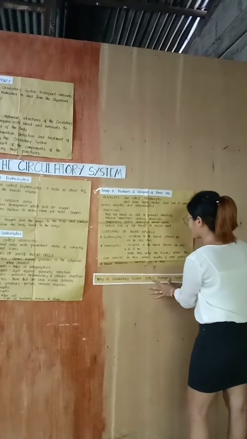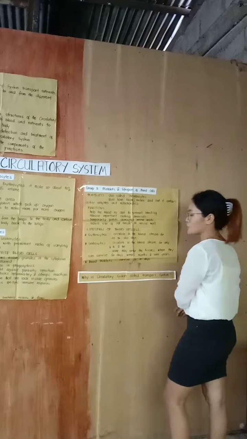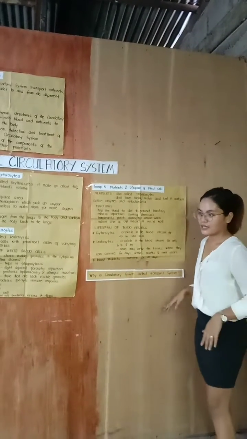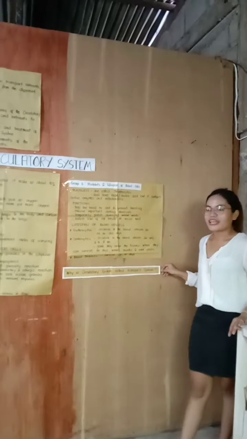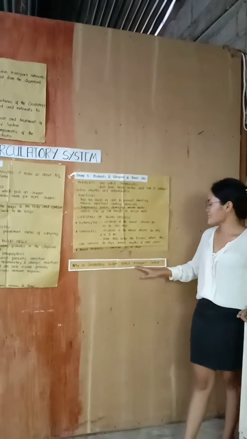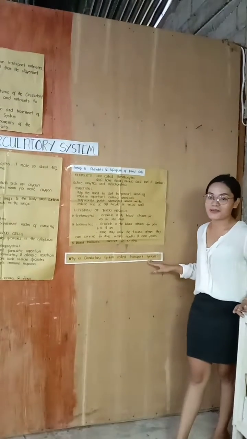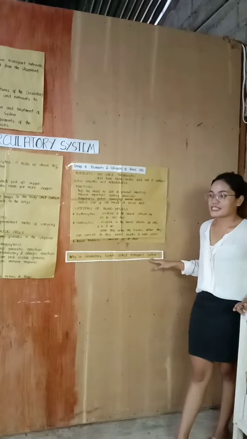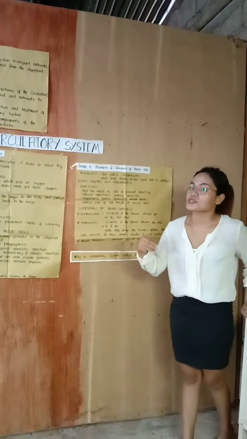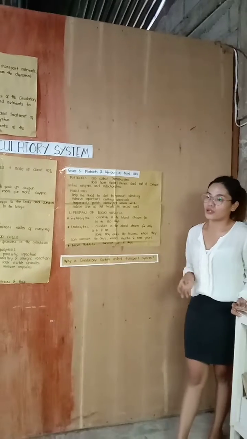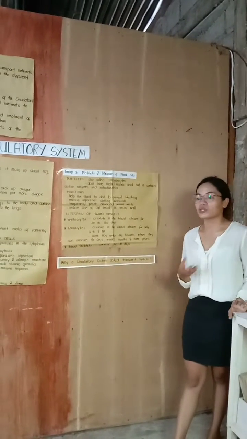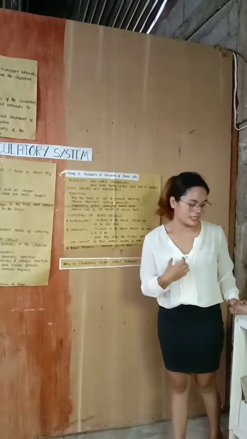So why is the circulatory system called the transport system? Okay, Ernesto. Yes, the circulatory system is called the transport system because it carries nutrients throughout our body. So they are responsible for bringing the nutrients throughout our body.